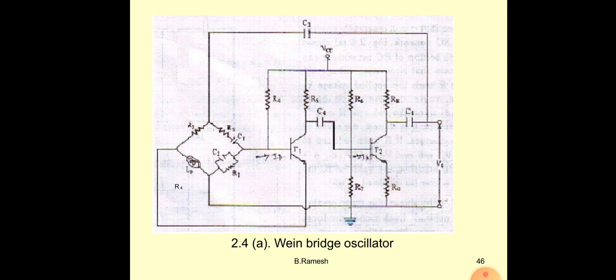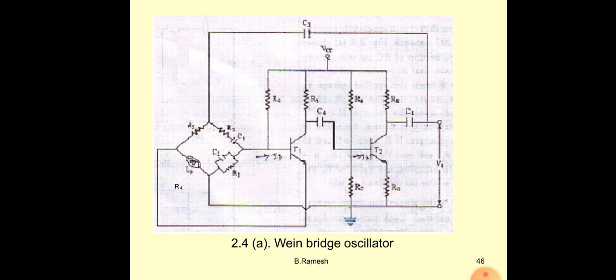The important role here is of the T1 transistor. Here a sensing thermistor will be there, which observes the temperature and maintains the frequency stability. When you apply the VCC voltage, the current flows through, the IC current increases at the output side.